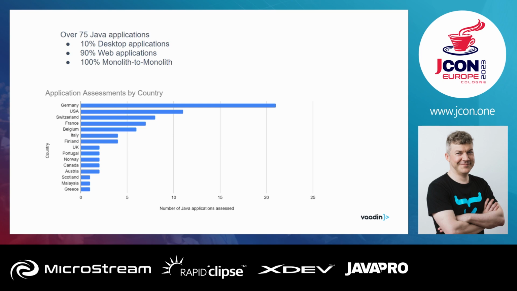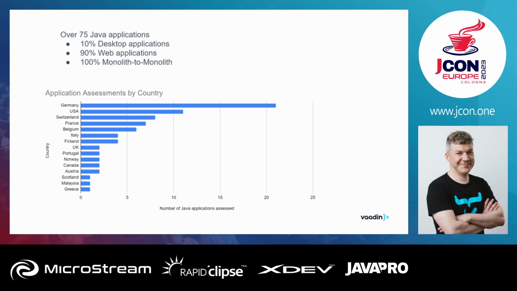So we have over 75 Java applications that we've looked at during this period, and actually most of these have been web applications, and the purpose of the modernization was to move to the latest version of the Vaadin APIs in order to be compatible with the latest browser standards.